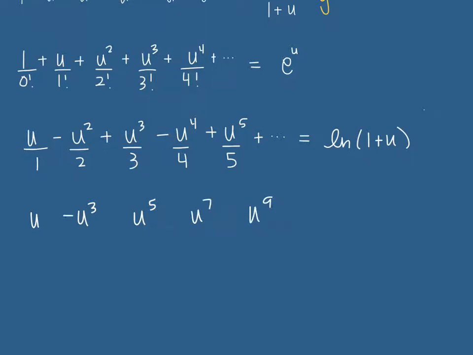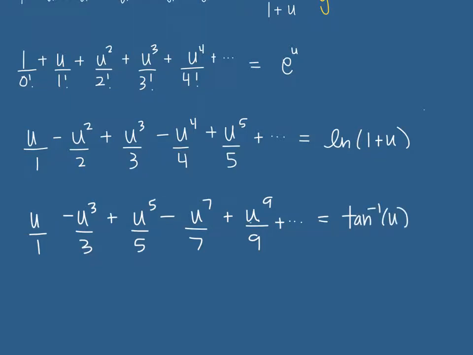Alternating signs. And odd denominators. 1, 3, 5, 7, 9, etc. I liked this one just because of all the odd things. The graph is a function that also has odd symmetry, and that is inverse tangent.